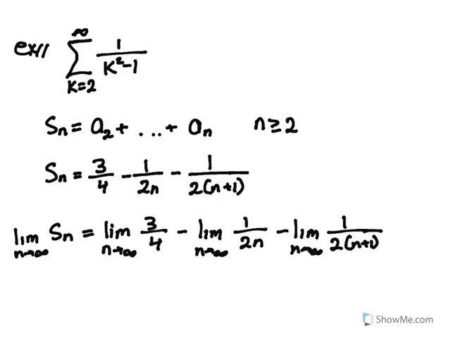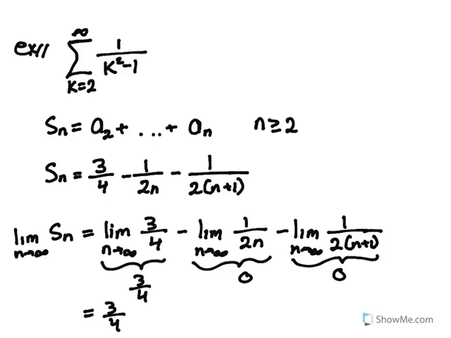And this limit goes to 0 and this limit goes to 0, and this is of course equal to just 3/4. So therefore, this limit is equal to 3/4, which means that the series converges and equals 3/4.